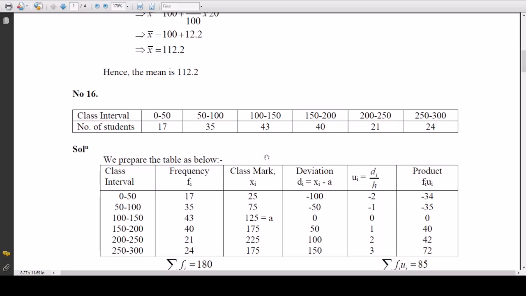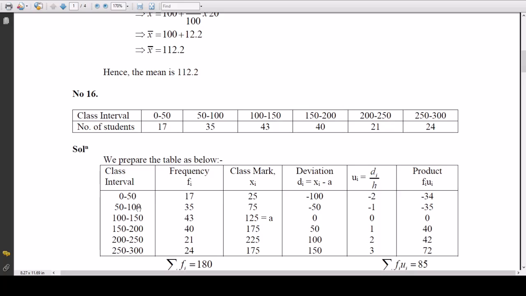Class mark is the same thing: you have to find the mid value of a class interval. From 0 to 50 is 17, 50 to 100 is 35, 100 to 150 is 43, and so on till 24. Now the mid value of 0 to 50: if you are not sure, you'll add the lower limit plus upper limit, 0 plus 50 is 50, divided by 2 is 25.